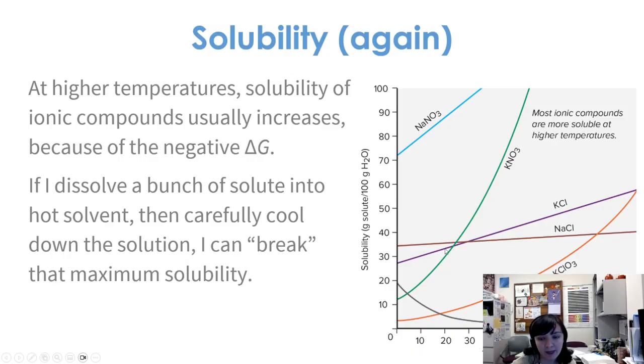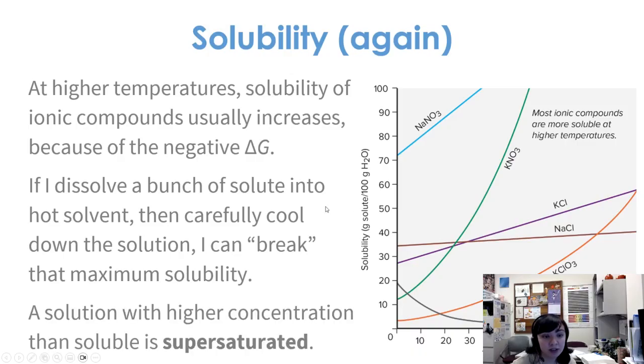At 20 degrees C, the solubility of KCl is only 30 grams per 100 grams of water. But if I've done everything super carefully, I still have 50 grams of potassium chloride in the solution because I was able to dissolve all of that at the higher temperature. I've very carefully cooled down the solution to be higher than what the solubility would suggest. This resulting solution is called a supersaturated solution.